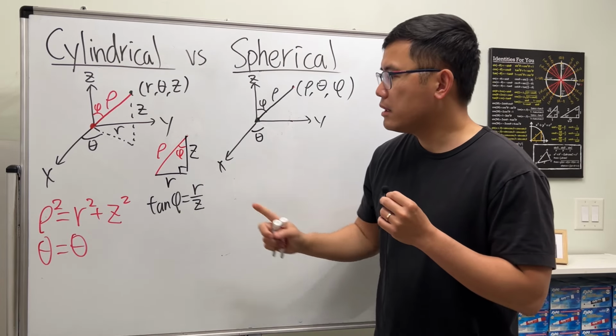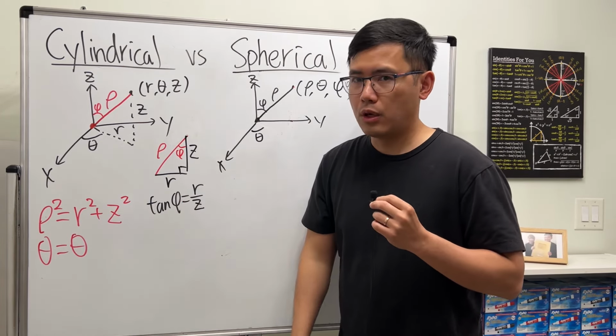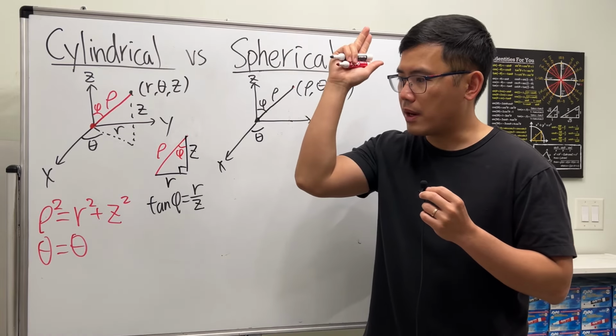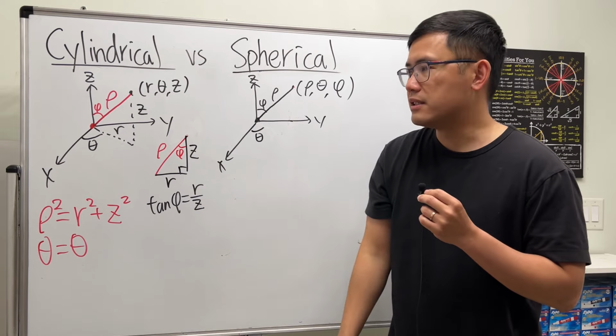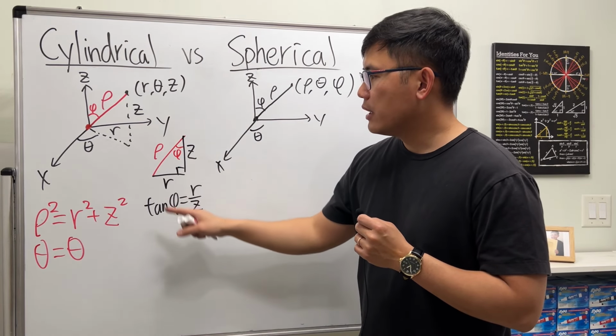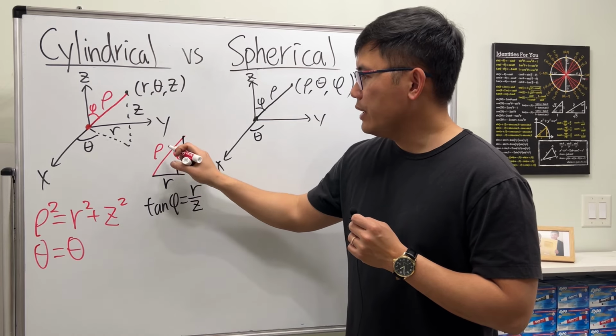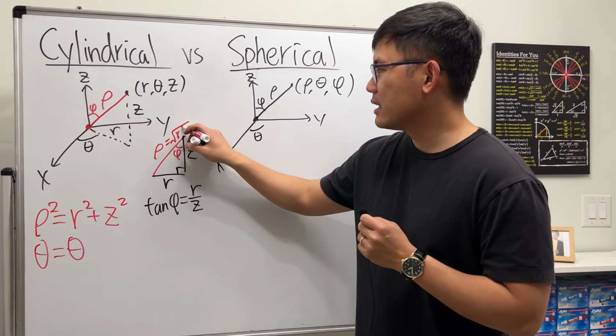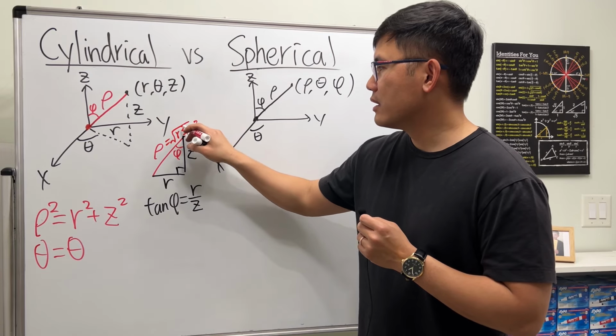So it would be better if we look at this and use cosine, because the range of inverse cosine is from 0 to pi. It's exactly what we would like for the angle v. So let's look at this picture, and the rho right here, we can look at this as the square root of r squared plus z squared.